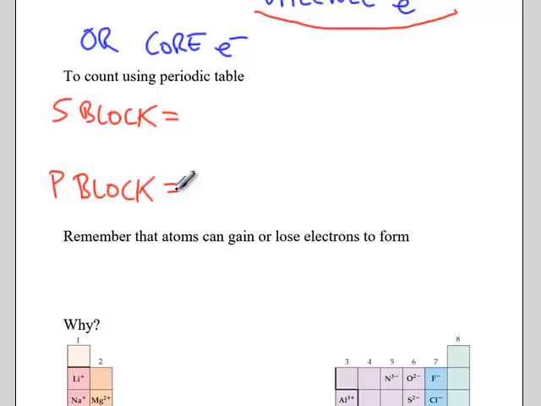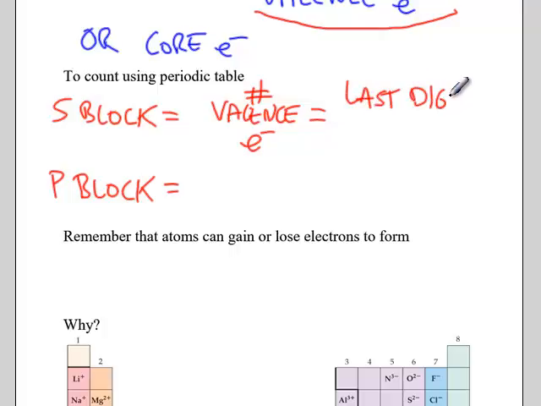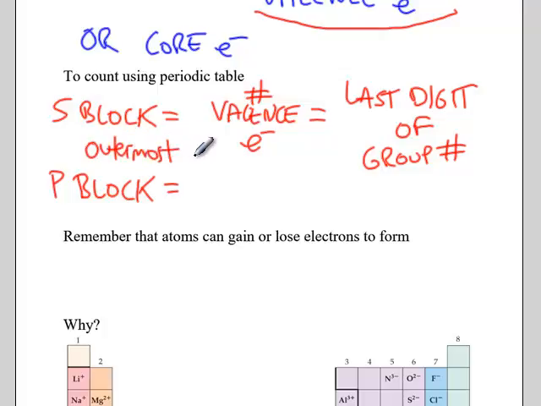So if you're in an S block, the number of valence electrons is simply the last digit of the group number. So that means in the S block, we're talking about the outermost S electrons only.